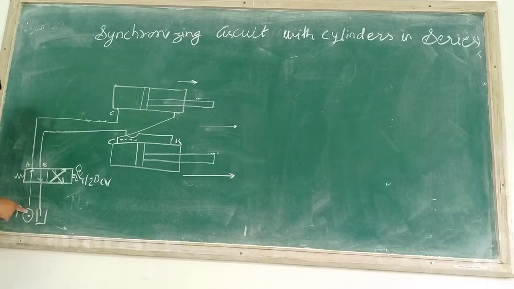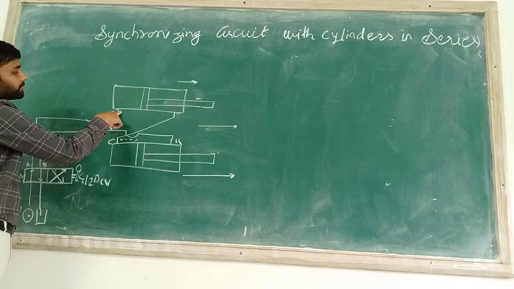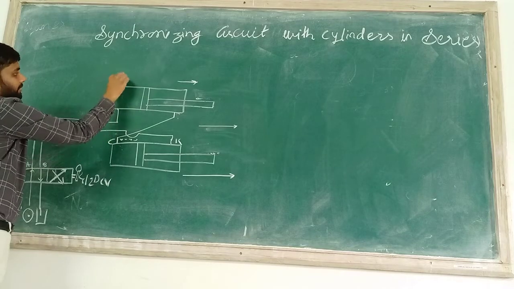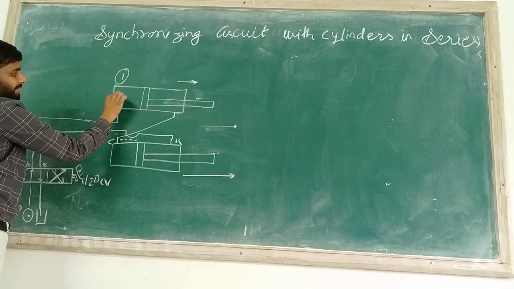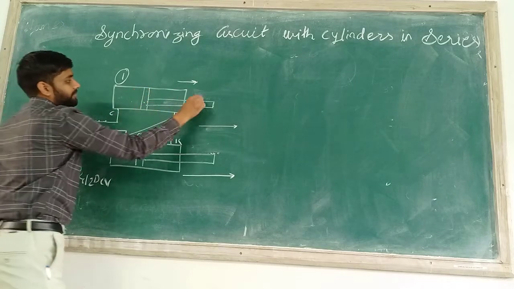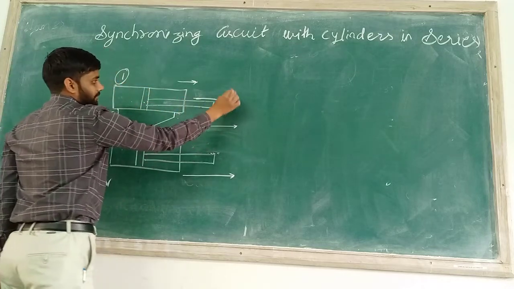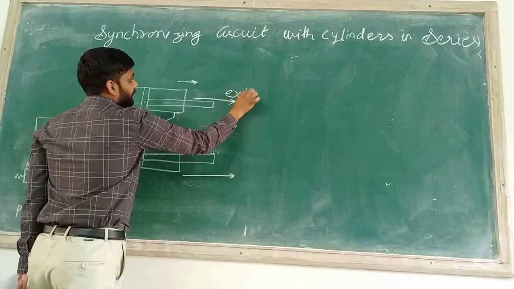Look what happens here. When this pump is continuously pumping pressure through this port A, this high pressure oil moves into cylinder 1 through this port C, and it starts pushing this piston in the outward direction so that we get the extension.